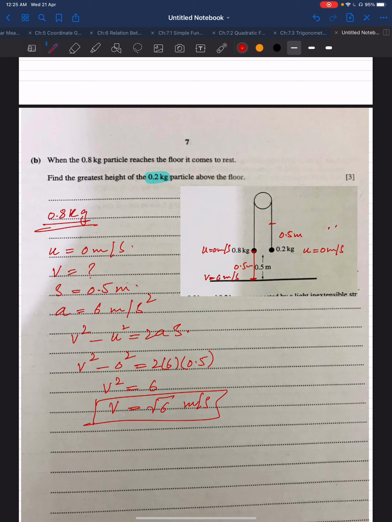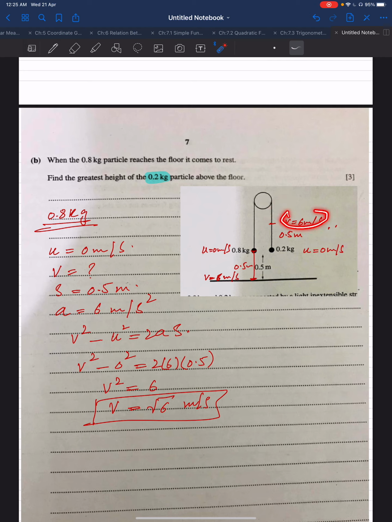It stops because it cannot go below the ground. There is no driving force upwards anymore, so there will be no tension in the cable, right?